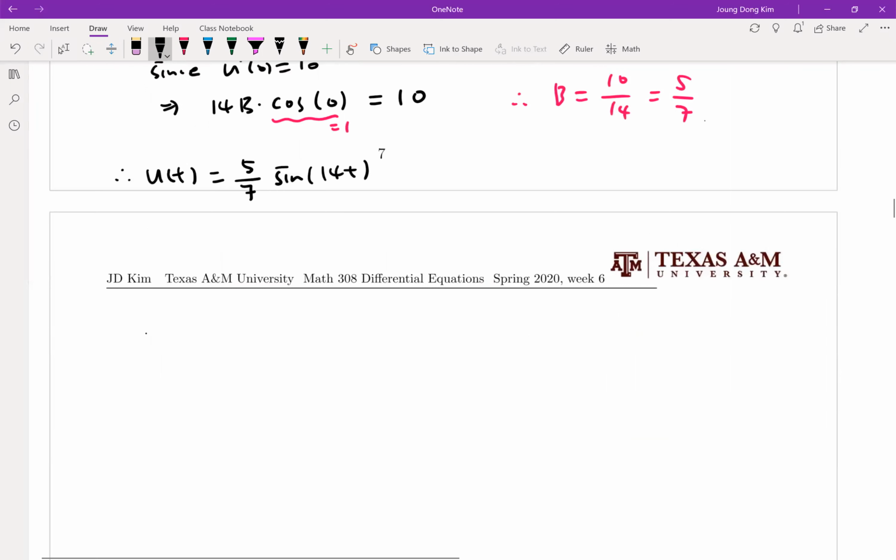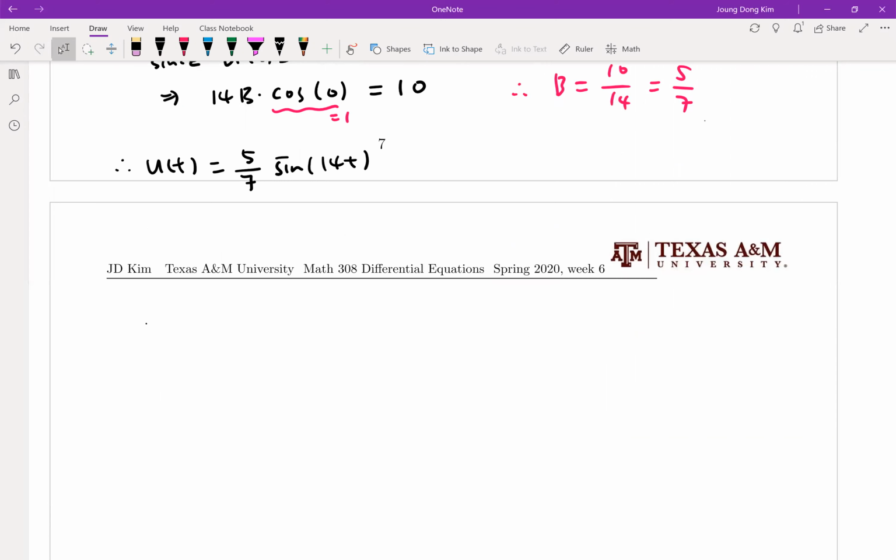Now let's talk about the details of this function. The frequency is omega, which is 14. Then what is the period?